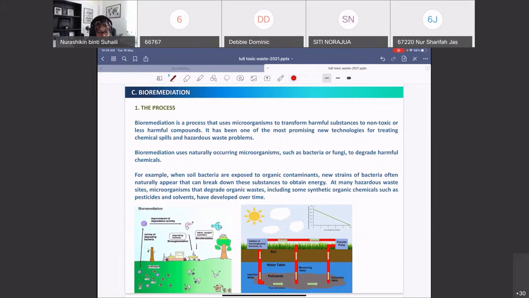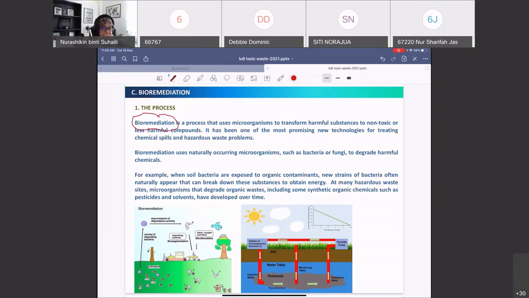So bioremediation is a process that uses microorganisms to transform harmful substances to non-toxic or less harmful compounds. So this is the name of the process. Just now, when I introduced the works done by researchers, bioremediation of mercury, bioremediation of cyanide, bioremediation of, what else, lead.